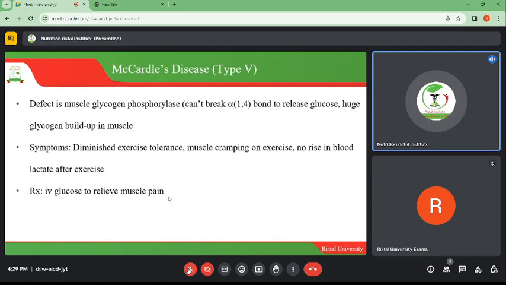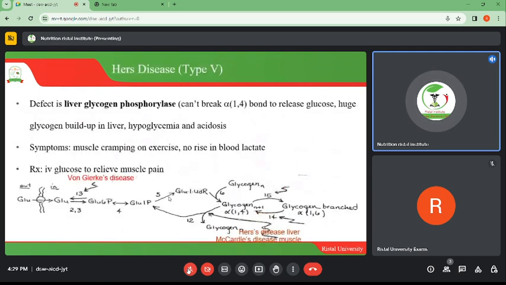I think that's it for McArdle's. That is basically happening in the muscles. There is what you call Hers disease. It's more or less the same as McArdle's disease, but Hers disease is specifically for the liver, and McArdle's disease is for the muscles. So you can see the exact difference. It's still the same enzyme and the same bonds that have failed to break down, the alpha 1,4 glycosidic bonds on the glycogen chain.